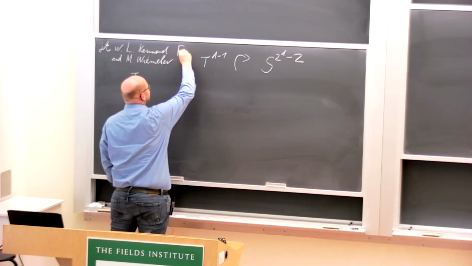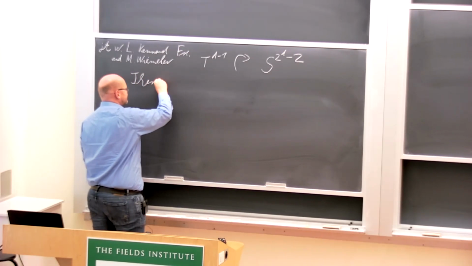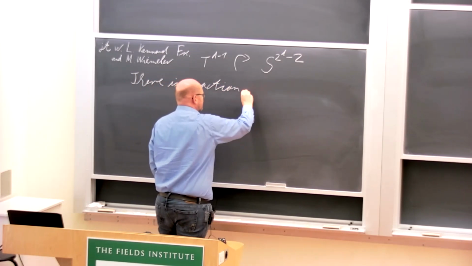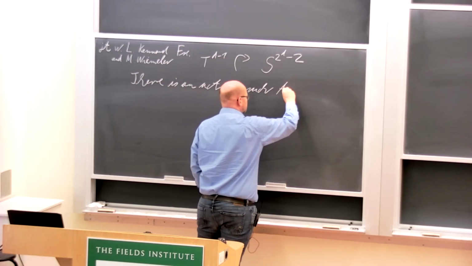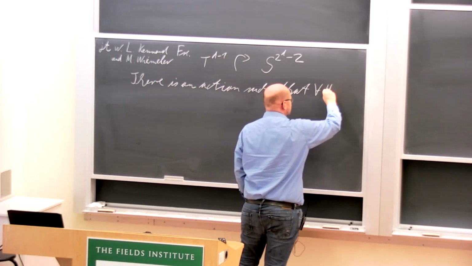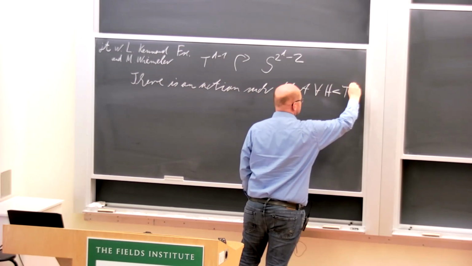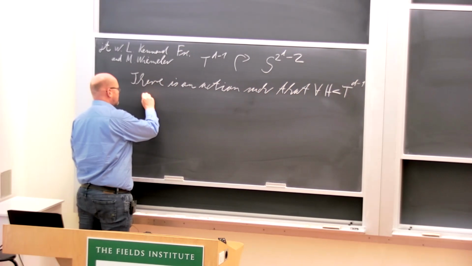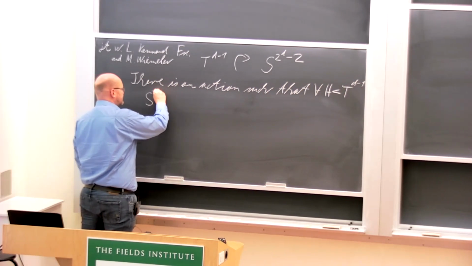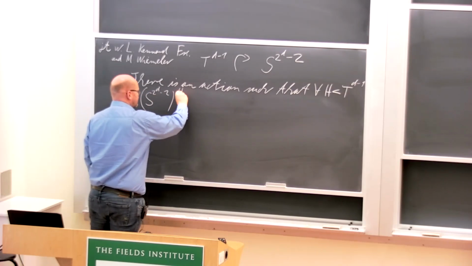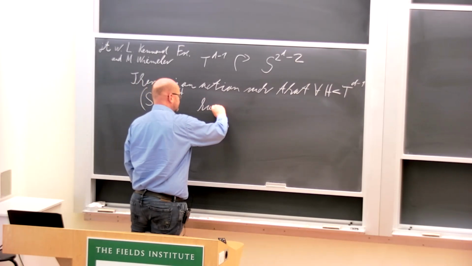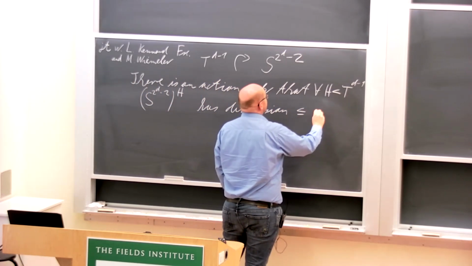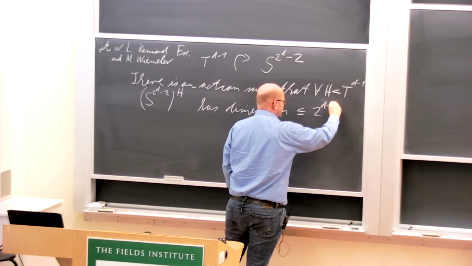So, example. There's an action such that for all h in the torus, every fixed point component has dimension less or equal than 2 to the d minus 1 minus 2.